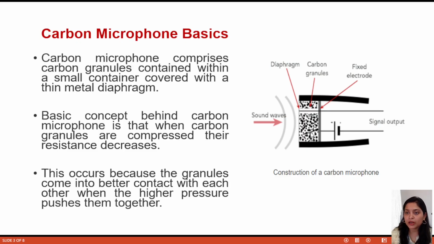When carbon granules come closer together, their resistivity lowers. When resistivity lowers, more current will pass through this device.